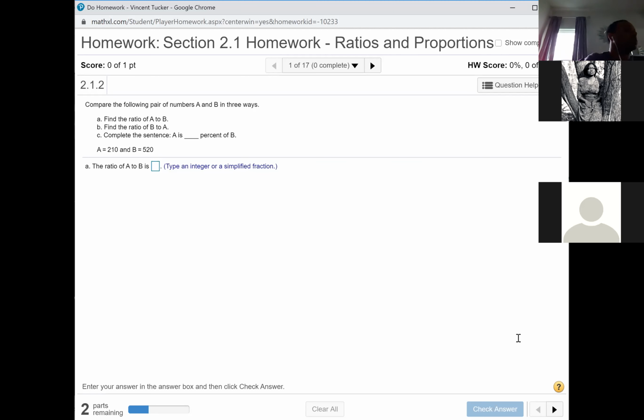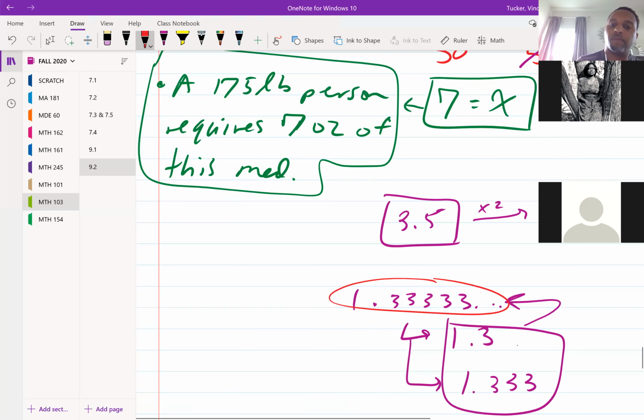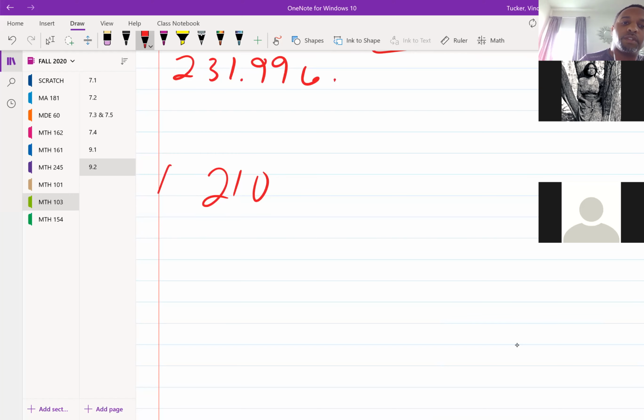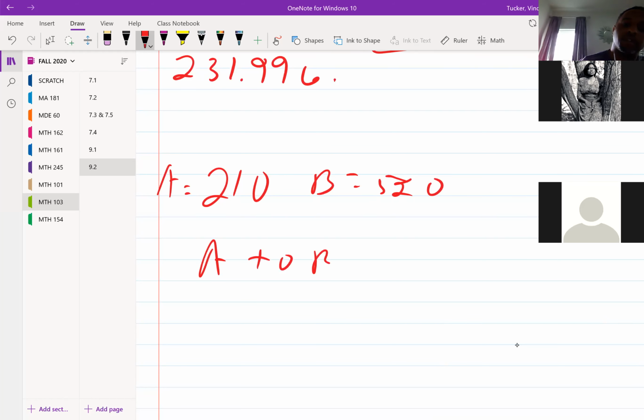Matter of fact, let's just do it like this. They give you 210 is equal to A, B is equal to 520. If you want to know A to B, then that's 210 over 520.